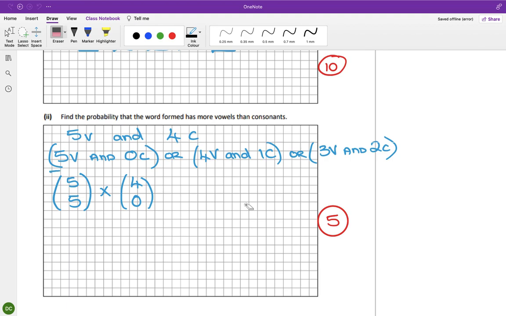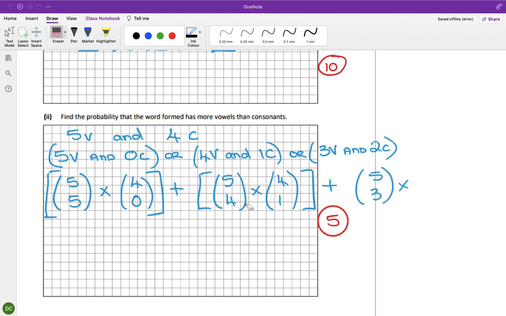None in that first one. Or is plus. Second one, then I have 5 vowels, choose 4, and 4 consonants, choose 1. Or five vowels, choose 3, and 4 consonants, choose 2.